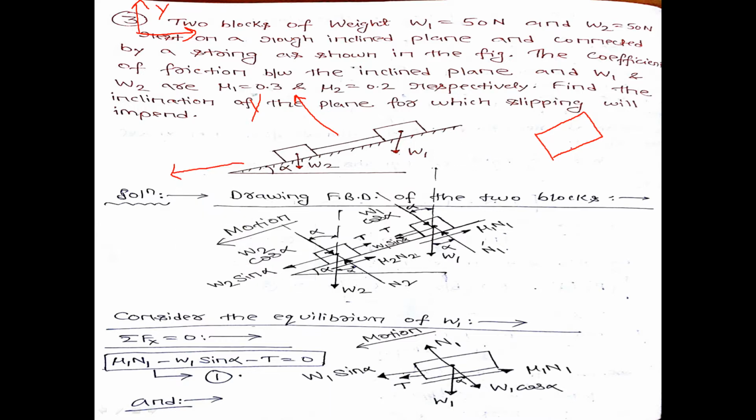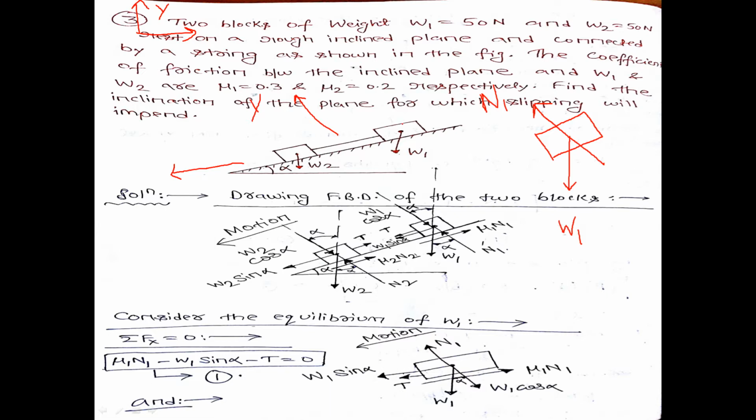Next, let us draw the free body diagram. Weight of the first block W1 acts vertically downward from the center of gravity. The block is in contact with this inclined plane, so the inclined plane will give a normal reaction N1 in this direction.